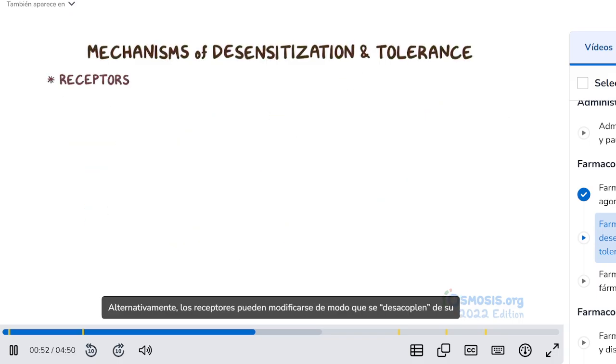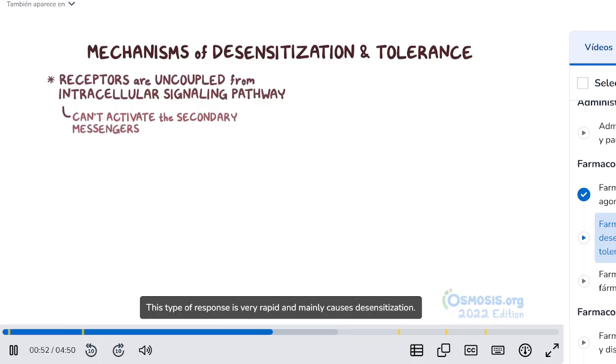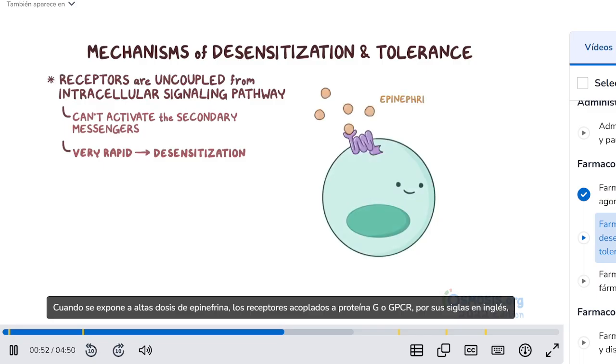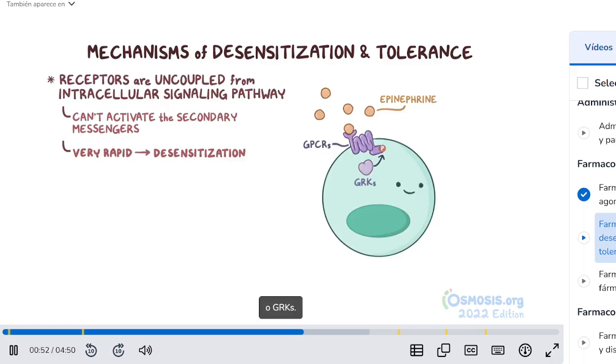Alternatively, the receptors may be modified where they are uncoupled from their intercellular signaling pathway, meaning they can't activate the secondary messenger proteins anymore. This type of response is very rapid and mainly causes desensitization. When exposed to high doses of epinephrine, G-protein-coupled receptors, or GPCRs for short, get phosphorylated by intercellular enzymes called G-protein coupled receptor kinases, or GRKs.